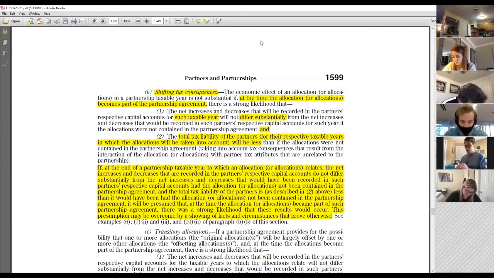It puts the burden on the partners to say, yeah, it just so happened to work out this way. Didn't it work out great? We ended up in basically the same place and we reduced our taxes. But even though that happened, it wasn't strongly likely to happen. And here's why. Yeah, we just got lucky. That's called the hindsight presumption. It gives the IRS a fighting chance.